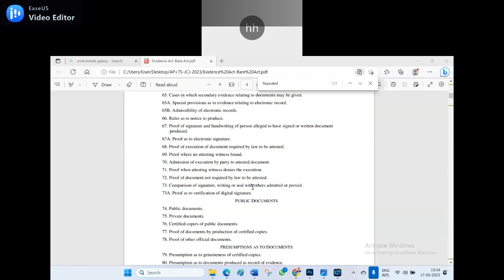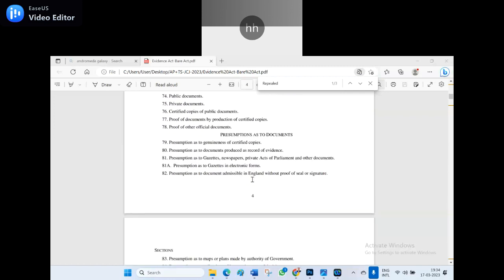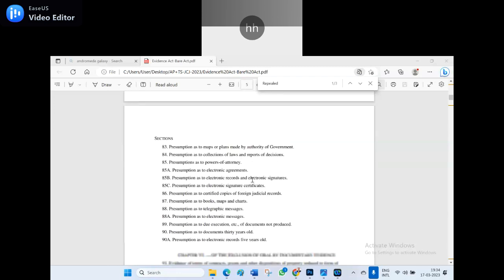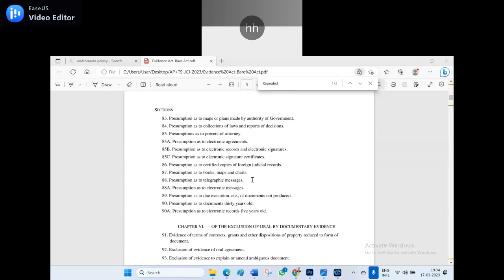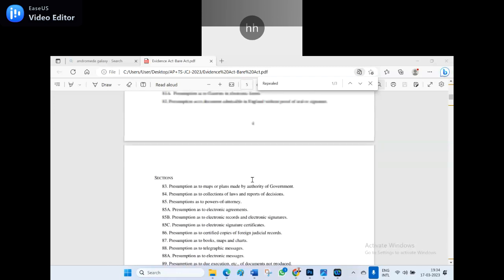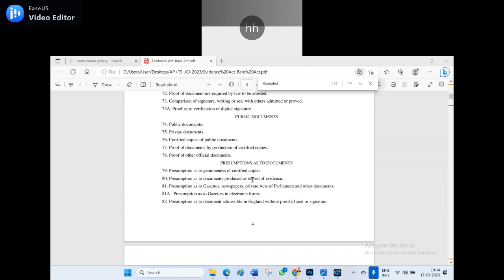So private documents and public documents, these are also presumptions. And presumptions as to the genuineness of certified copies, section 79, it will go up to section 90A. These are all the presumptions. So supplementary question, presumptions deal in the Indian law of evidence from which section to which section?